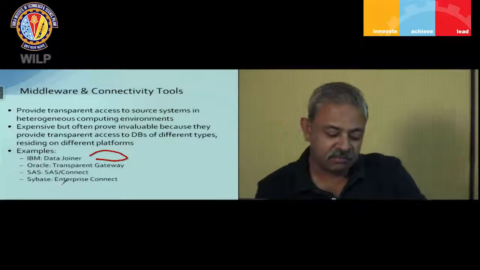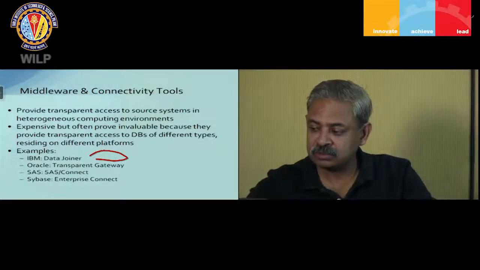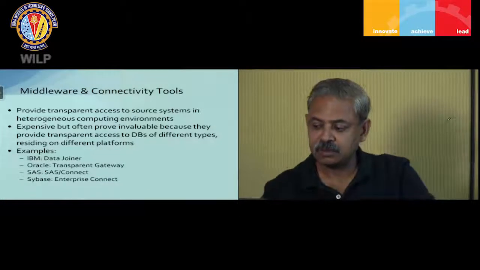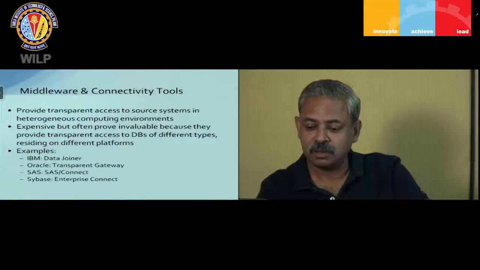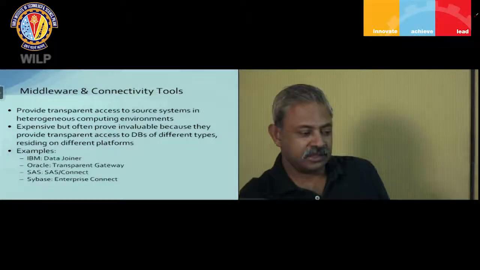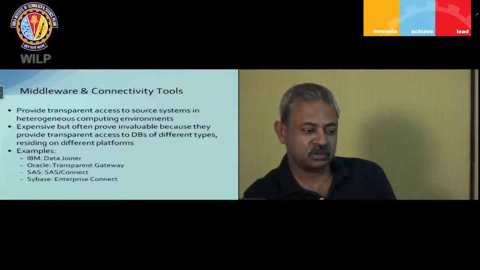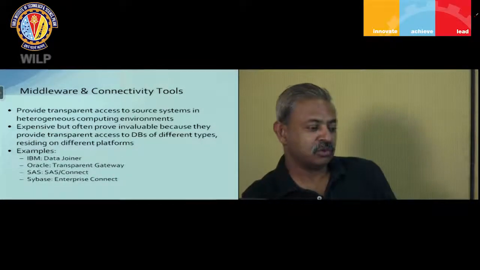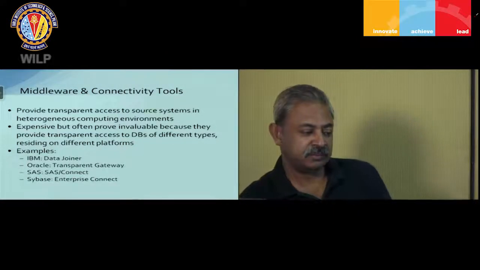And then we have what are called middleware and connectivity tools. So these are basically for connecting to heterogeneous computing environments on which the source systems are running. They provide transparent access to source systems in heterogeneous computing environments. This includes both the software and the hardware.